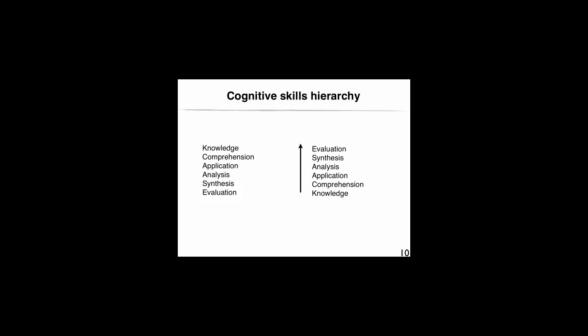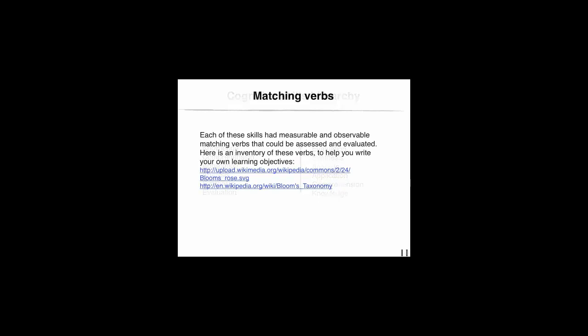So in any case, it starts with knowledge, moves up to comprehension, application, analysis, synthesis, and evaluation, which is the highest cognitive skill. Each of these skills has measurable and observable matching verbs that can be assessed and evaluated.